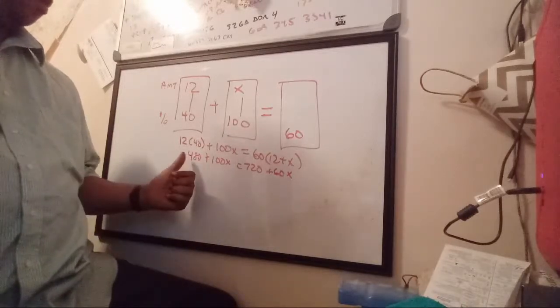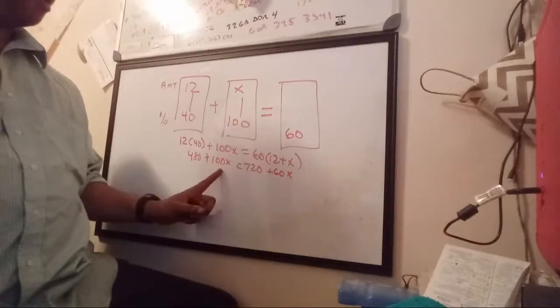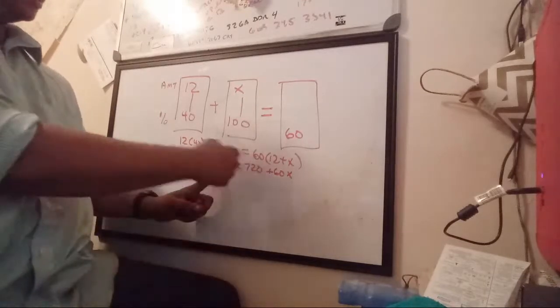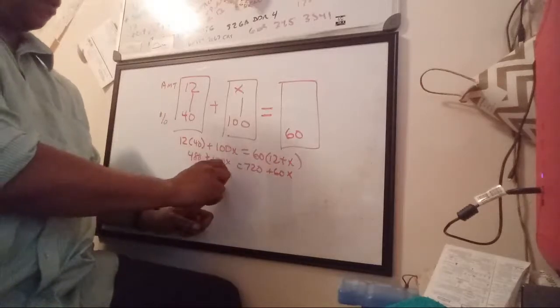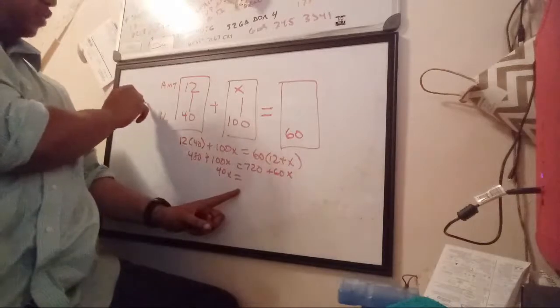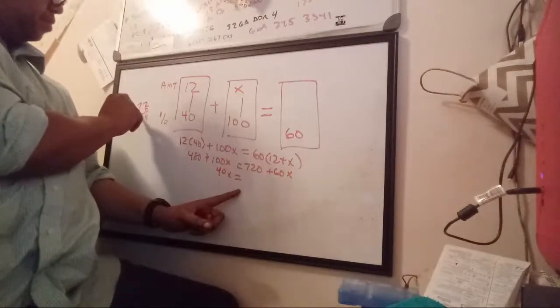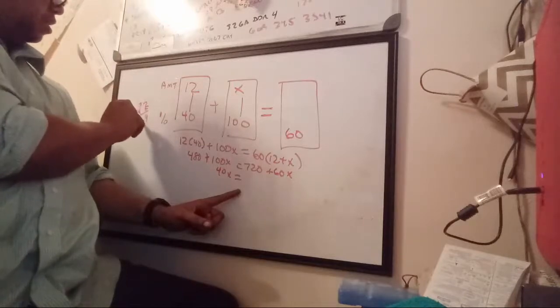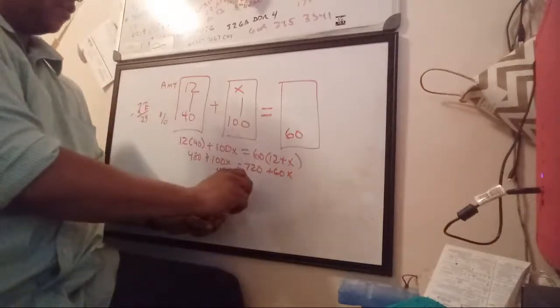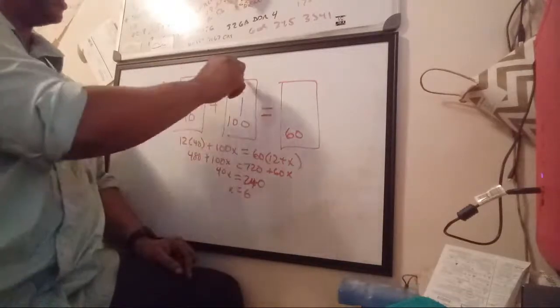So we've done our distribution here, and this is the variable strong side. So 60x will go to that side, become negative, leaving us with 40x. 480 will go to the other side: 720 minus 480 is 240, sorry. x is equal to 6. So 6 ounces.